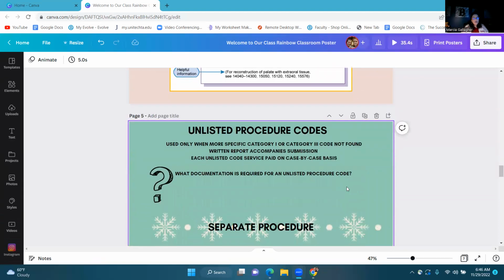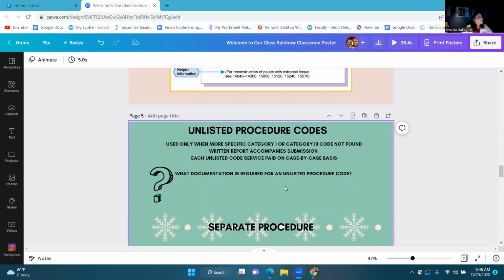So next we're going to talk about unlisted procedures. Unlisted procedures are used only when a more specific Category 1 or Category 3 code is not found. A written report will accompany the submission. Each unlisted code service is paid on a case-by-case basis. So let's have a question.